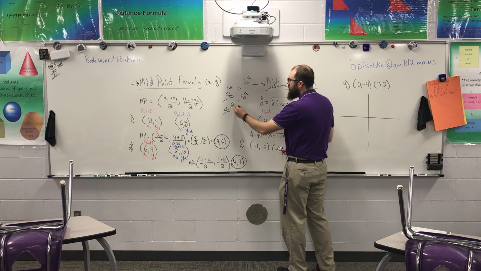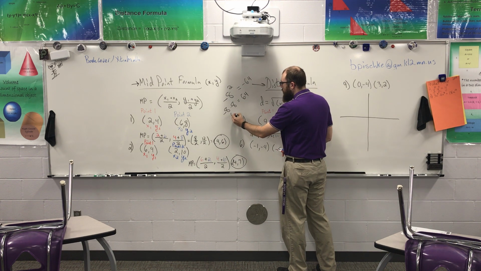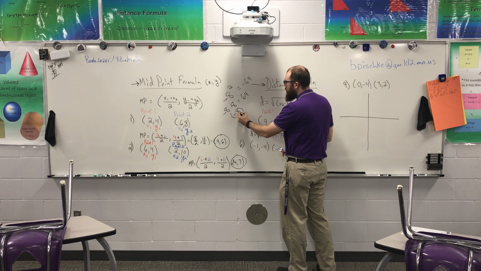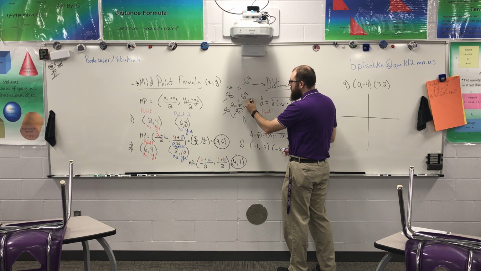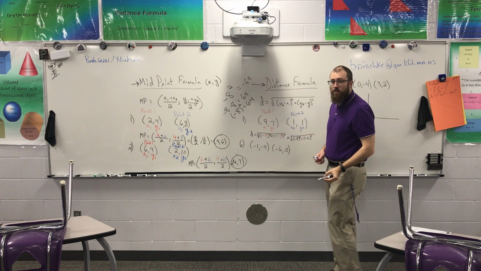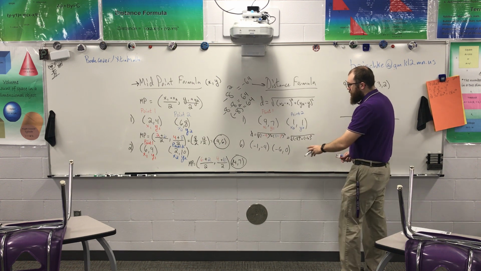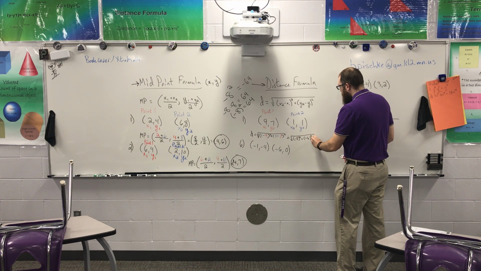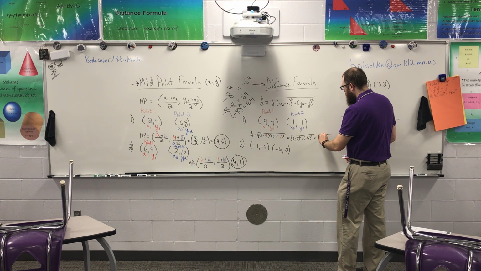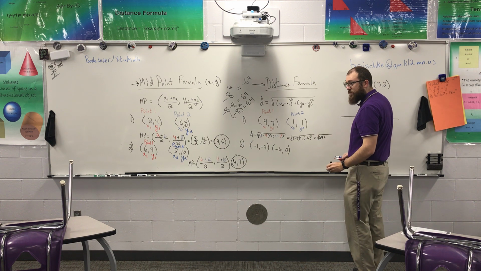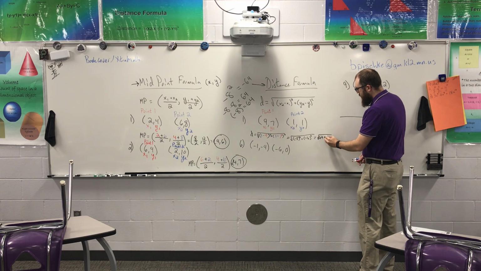If you're putting it in your calculator, you want to write it as parenthesis negative 8 parenthesis squared. That will give you 64, which is what you're looking for. So negative 8 squared is 64. Negative 6 squared, 6 times 6 is 36.